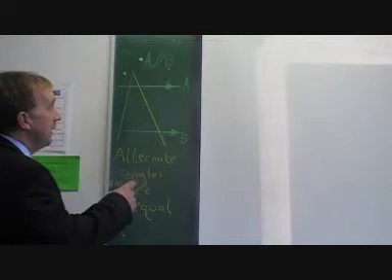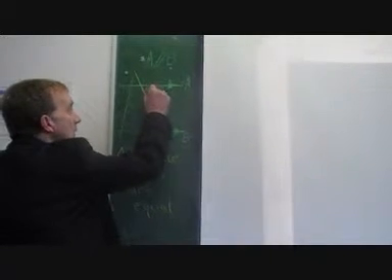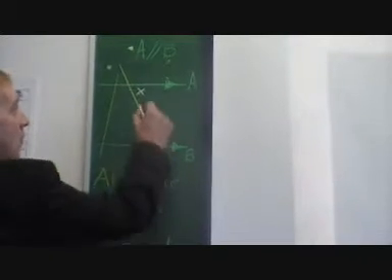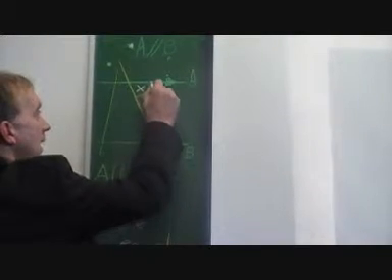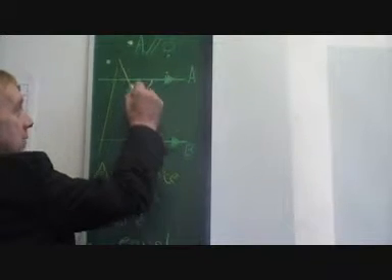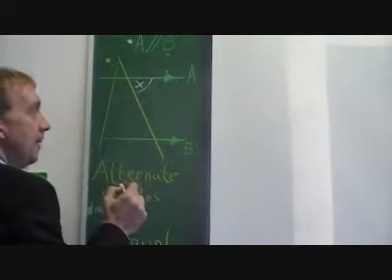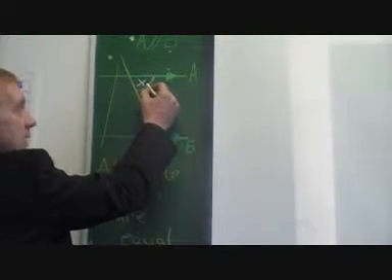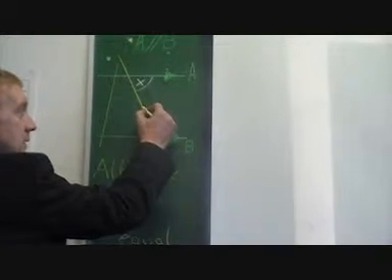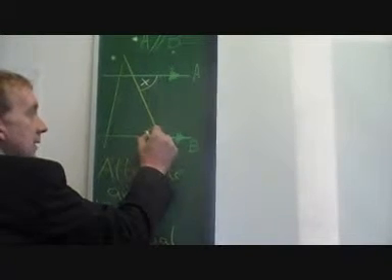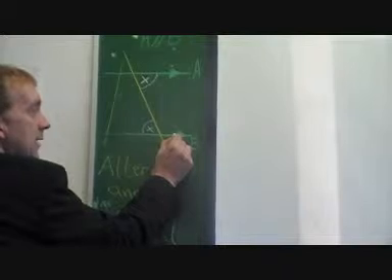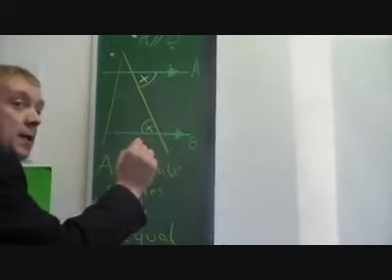And the alternate angle, lads, is basically, if you look at this angle here, that angle is formed between the parallel line A and the line which goes between A and B. The second alternate angle, which angle is alternate to X? You go to the opposite side of that line, and it's the angle that's also formed between the parallel line, in this case B, and the line between it.